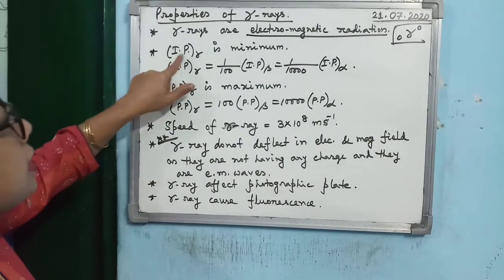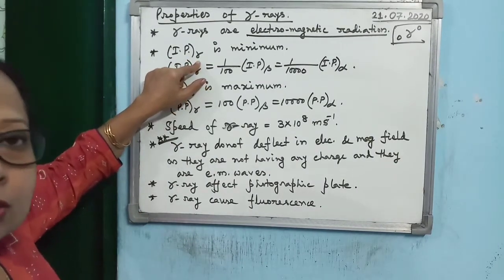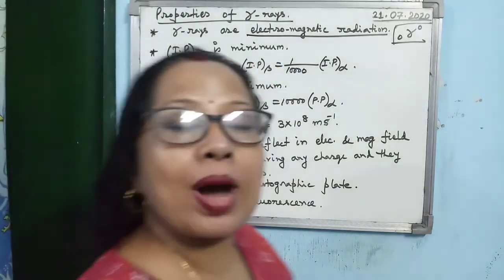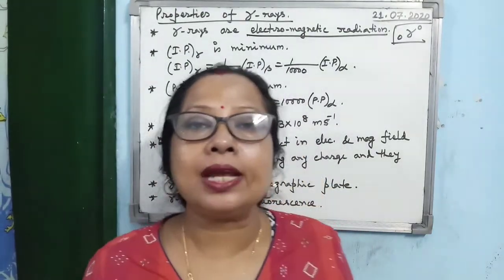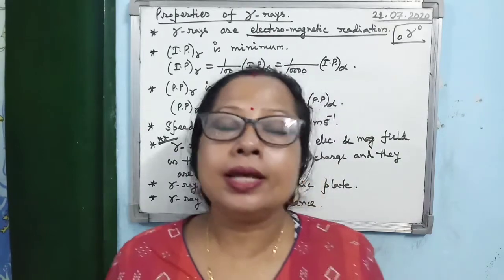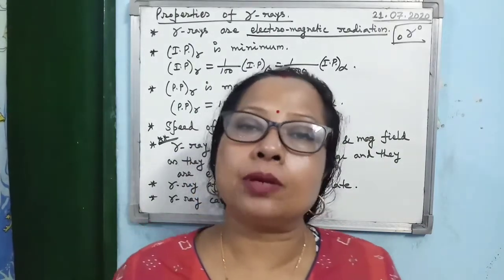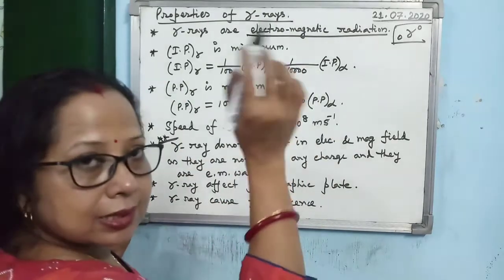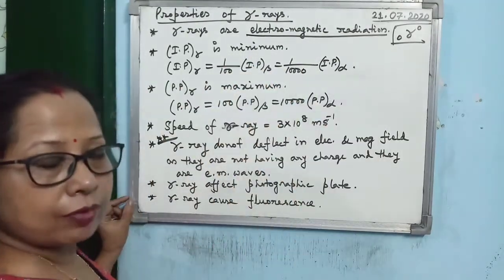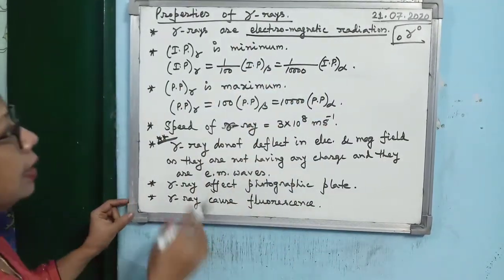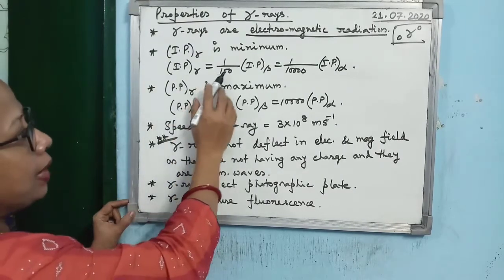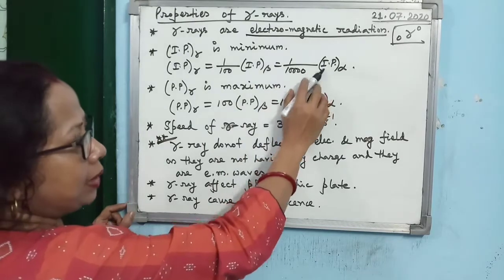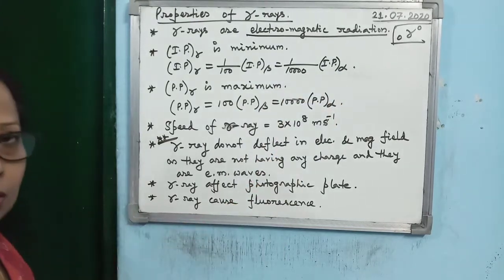Now, ionization power: gamma ray can cause ionization, and the ionization power of gamma is minimum. Why minimum? Because it does not have any particle, it is a wave. You can write it this way, or as I suggested for alpha, that same relation: the ionization power of gamma is 1 upon 100 times the ionization power of beta, 1 upon 10,000 times the ionization power of alpha.